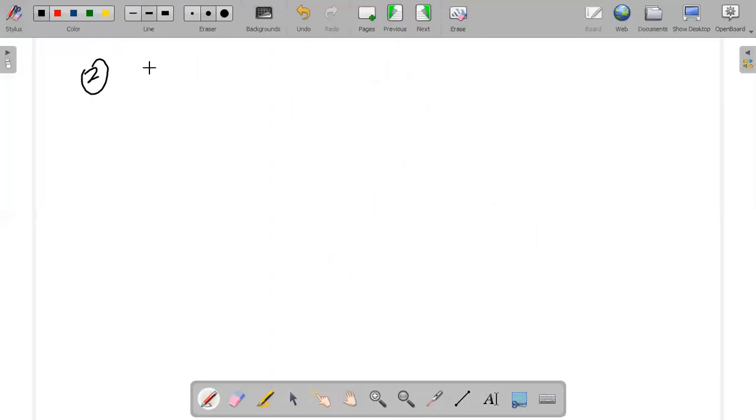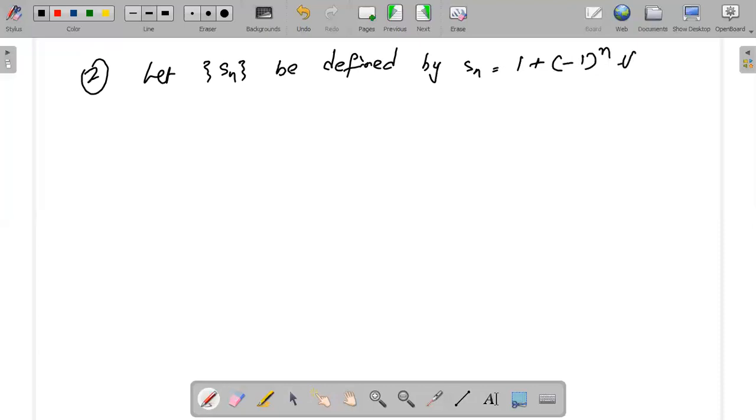Now, if I consider a sequence which is defined between certain definitions, we are trying to test whether this is bounded, whether it has a range, and so on.